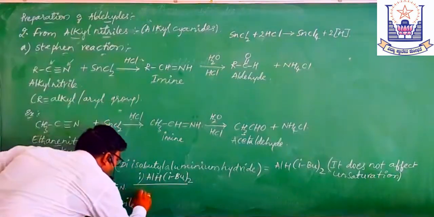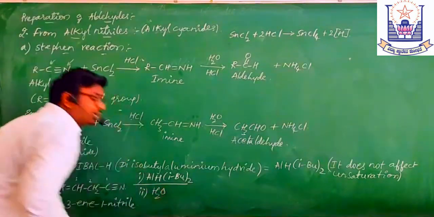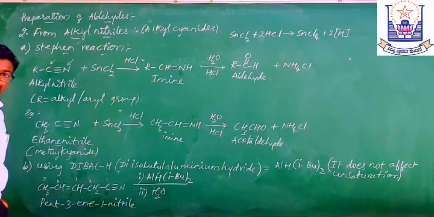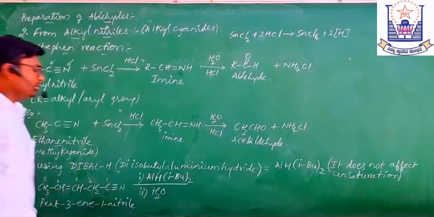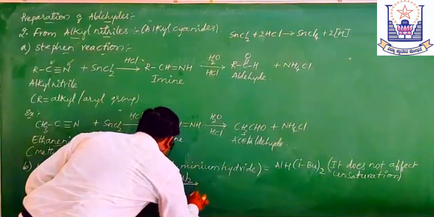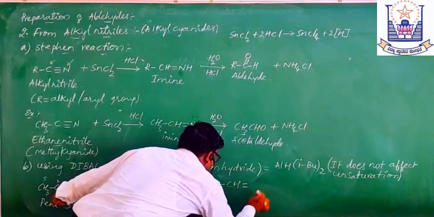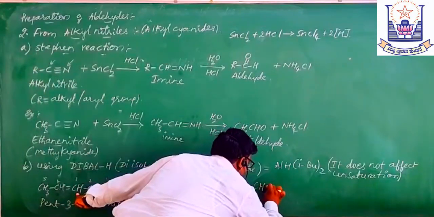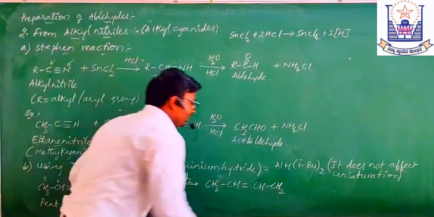Later you have to add water, that is hydrolysis. So what happens? It does not affect this C double bond C. It simply converts this cyanide to the aldehyde. So you will get CH3 CH double bond CH CH2 CH2 CHO.